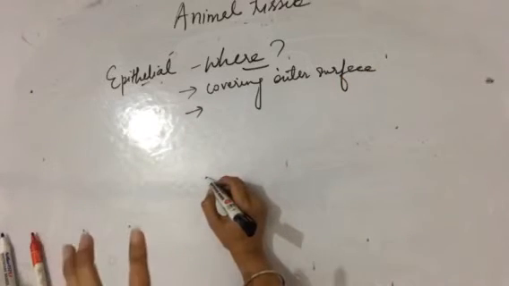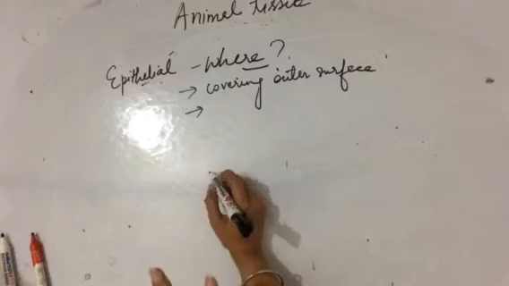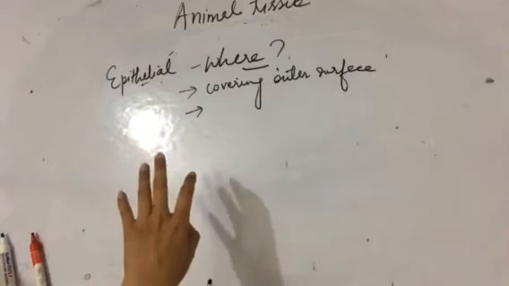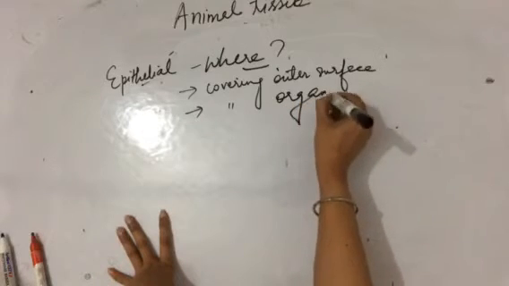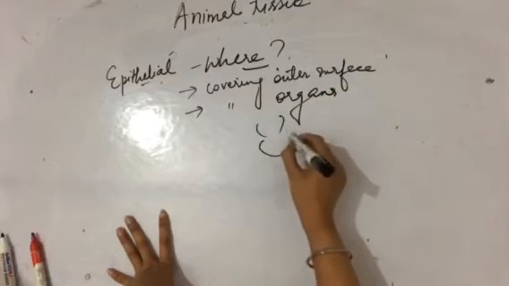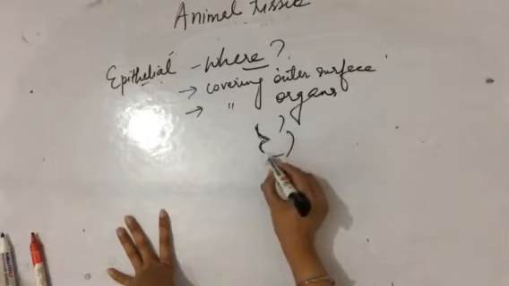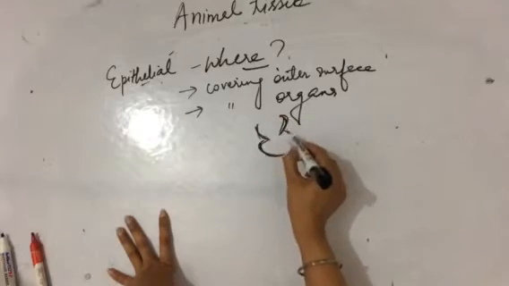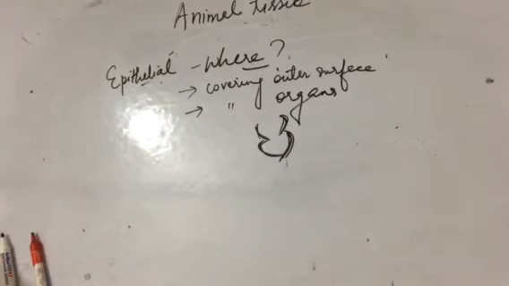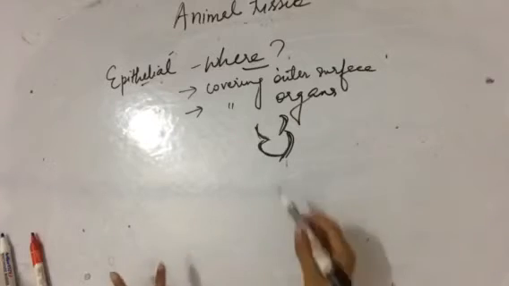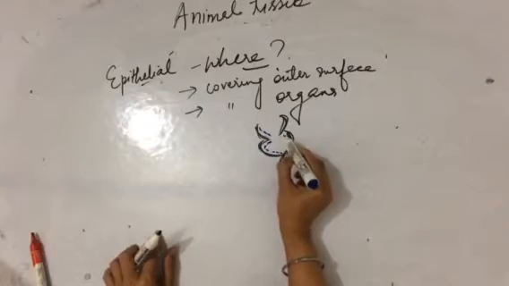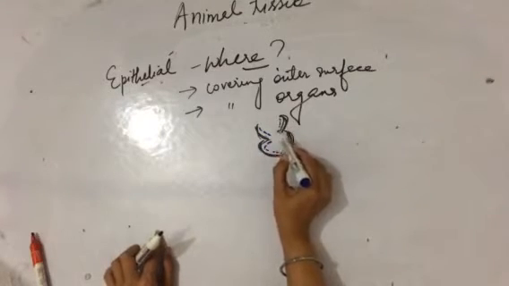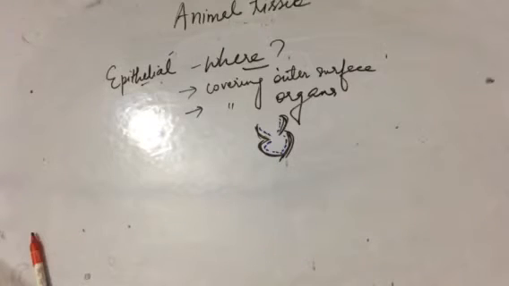And it also covers the organs, not only the outer parts of the body. For example, your heart is covered by epithelial tissue. Not only the outer lining, but the inner lining of the heart is also covered by epithelial tissue.